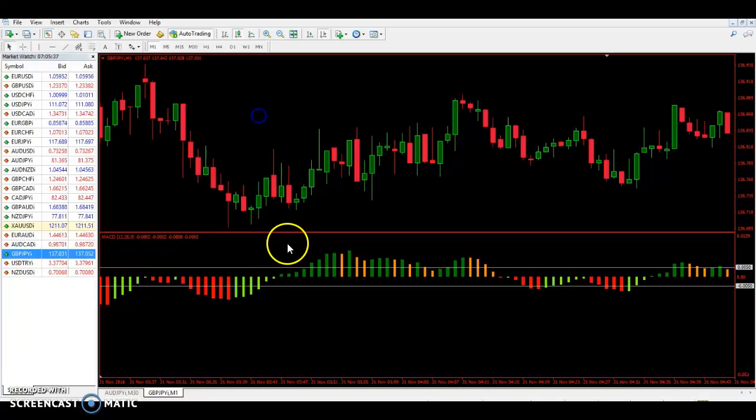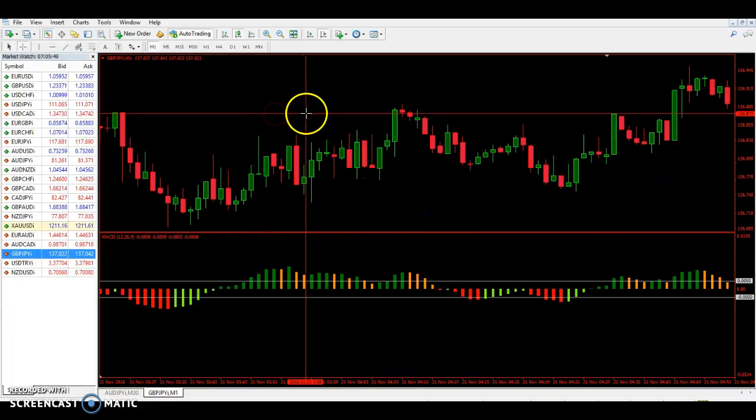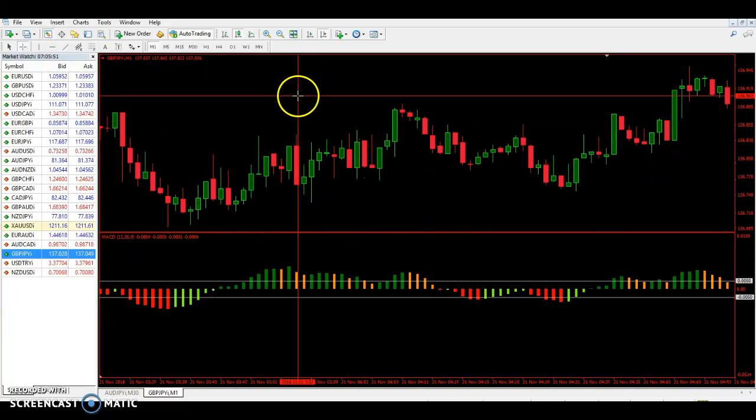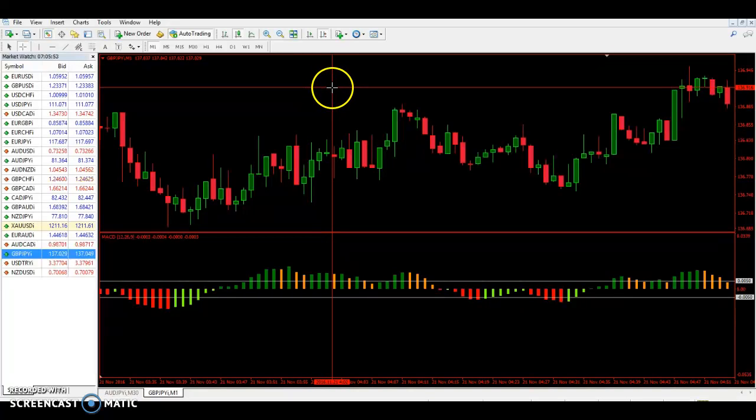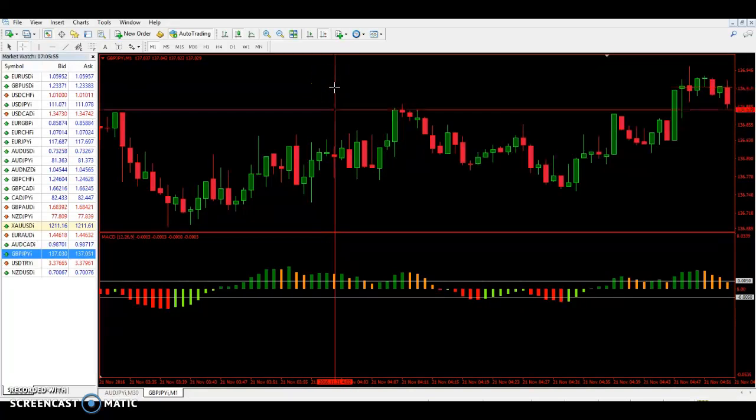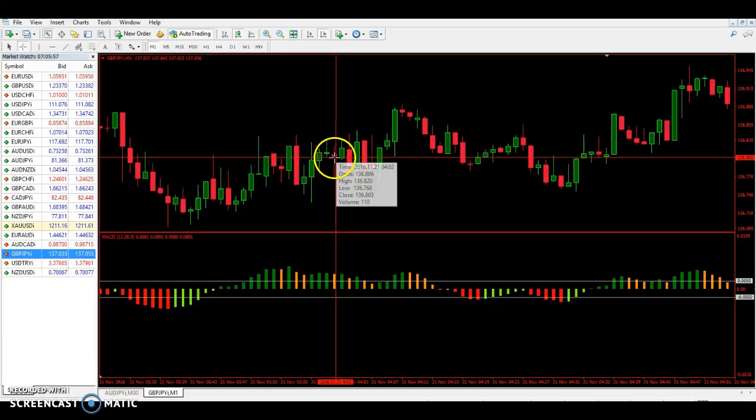But remember, in order to take our buy, we need to wait for that bar to change line and then see if that candle closes higher than the previous candle's close. Vice versa for a sell. For a sell, we need the bar to change orange, and then the candle has to close lower than the previous candle's close.